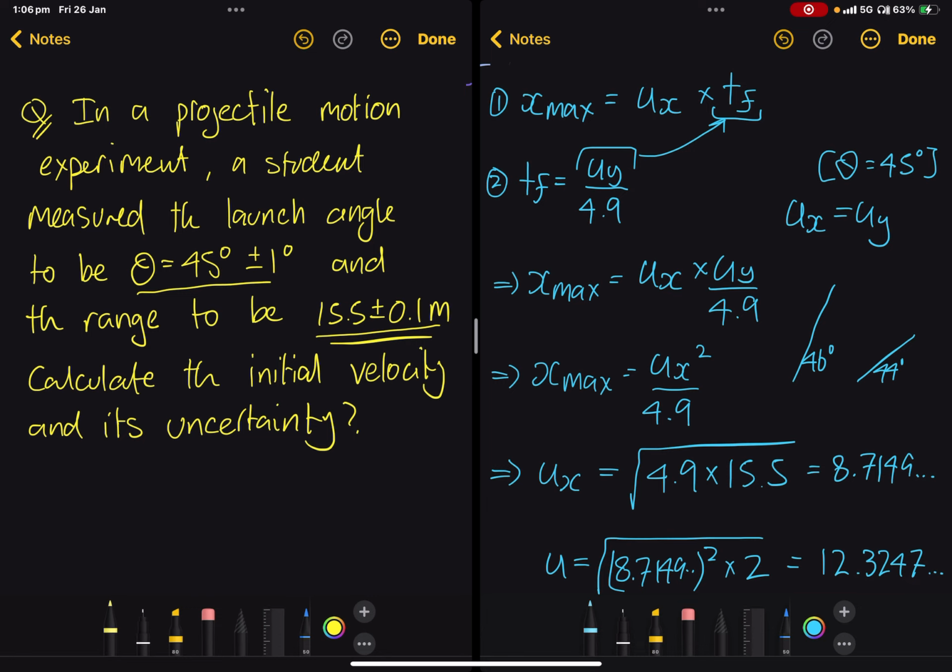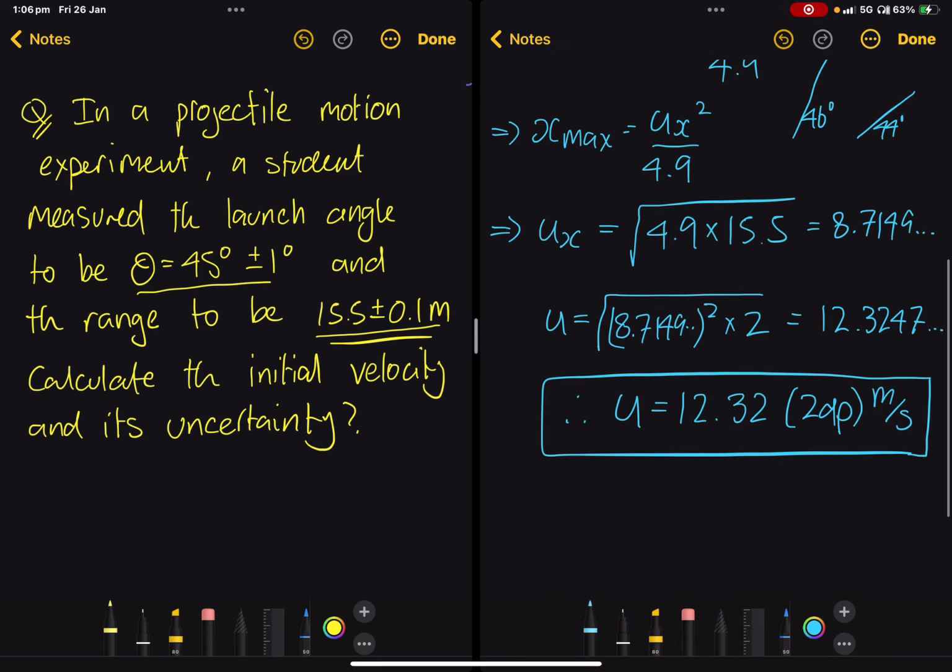The 46 will have the object travelling not quite as far. The 44 will have the object travelling slightly further. This is our expectation of what's going to happen to the object. So this 46 or 44, the change in the launch angle, could cause us some problems here. And it could affect the range either way.